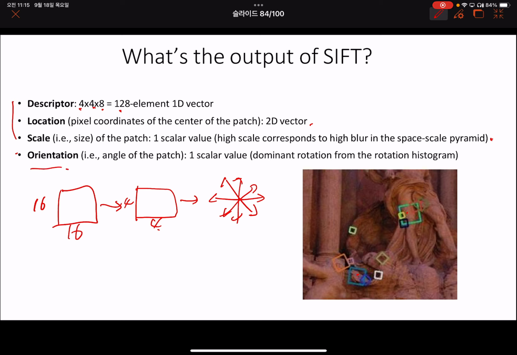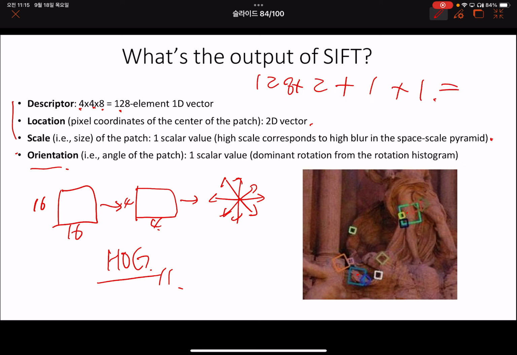We have the histogram of gradient, HOG, and then we can find dominant rotation from the histogram. We can just pick the rotation whose frequency is the largest, then that might be the dominant rotation. So these are what we get from SIFT. In total, 128 plus 2 position plus 1 scale plus 1 rotation.